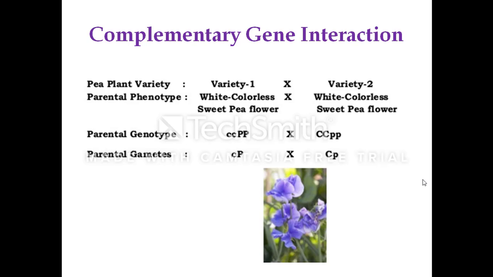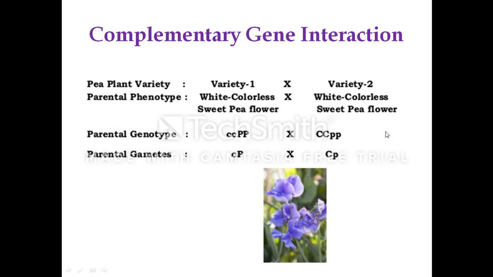The best example for complementary gene interaction is the flower color in sweet pea or Lathyrus sativus. In sweet pea plant we have two types of flower color. One is white flower and another one is purple flower.